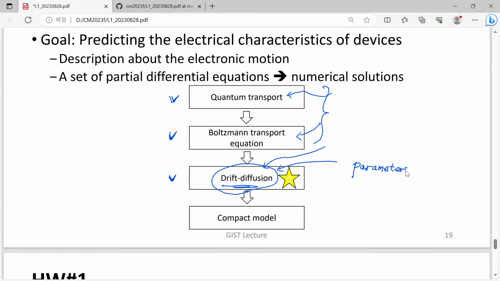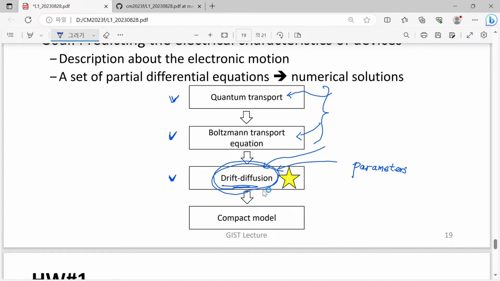By introducing those calibrating parameters, the result of a drift diffusion model is matched to, for example, an advanced quantum transport simulation result, or even measured IV characteristics. Once that is calibrated, this calibrated drift diffusion model can be used for practical purposes. Usually the time requirement is like this.